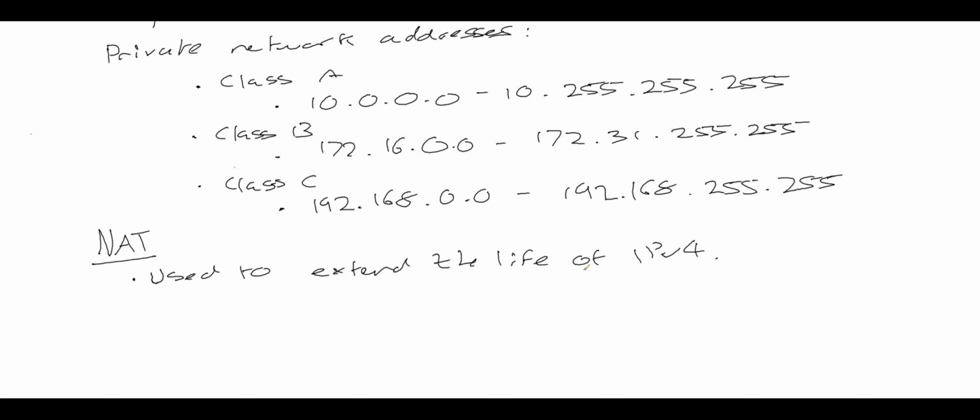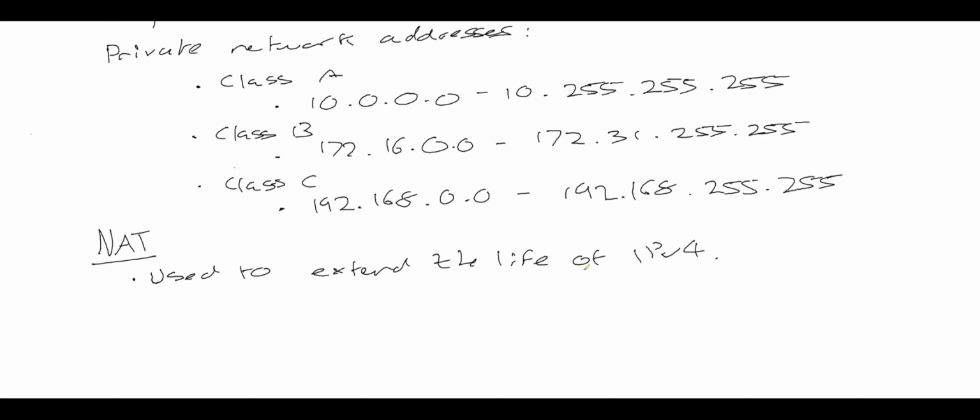So, for example, in your home, you might have one public IP address used to send all of the traffic to the outside world, and you're essentially able to use that same public IP address for all of the different devices that are connected to the internet in your house.